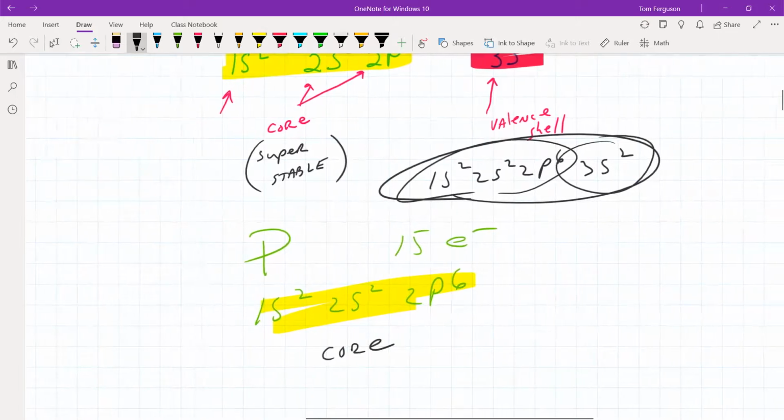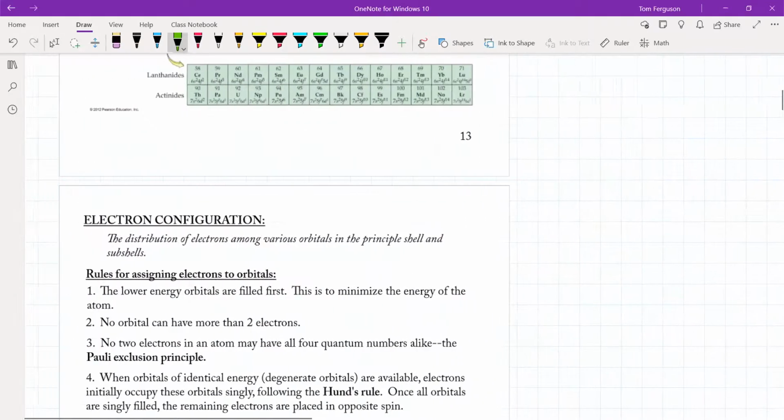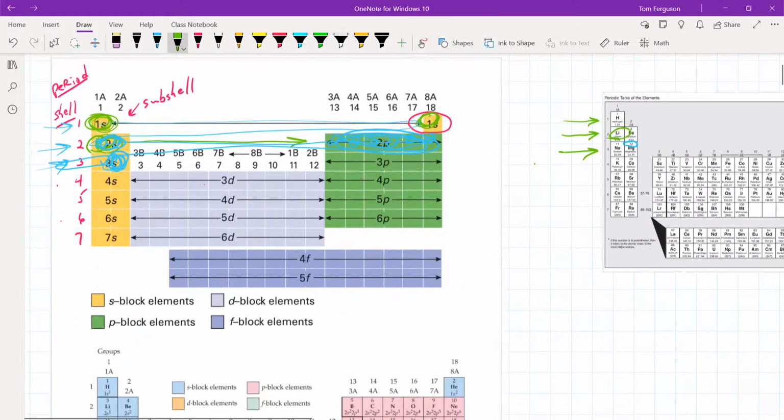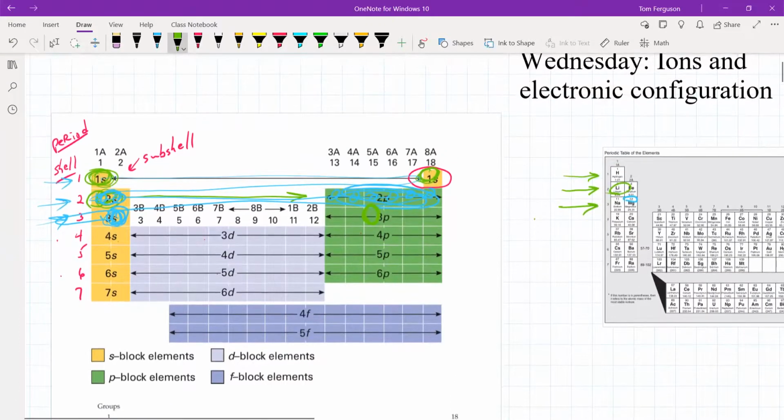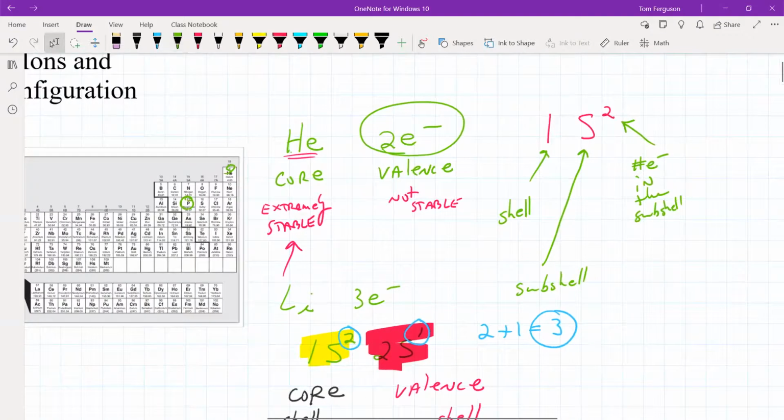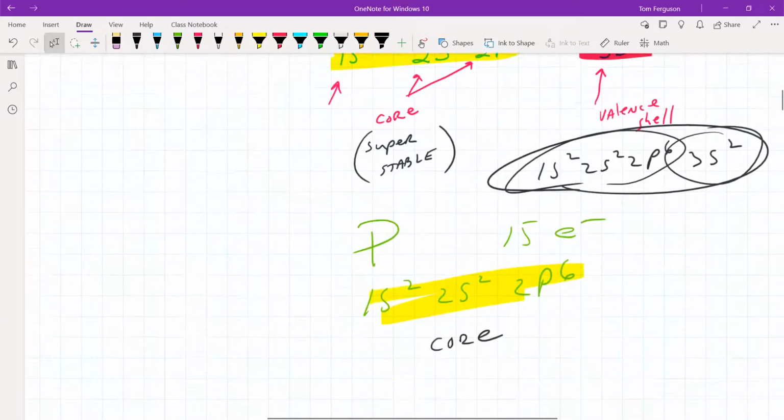Now we need to deal with the valence electrons. That's shell 3, okay? So if we look over here, that's where phosphorus is, which is right here, third one over.